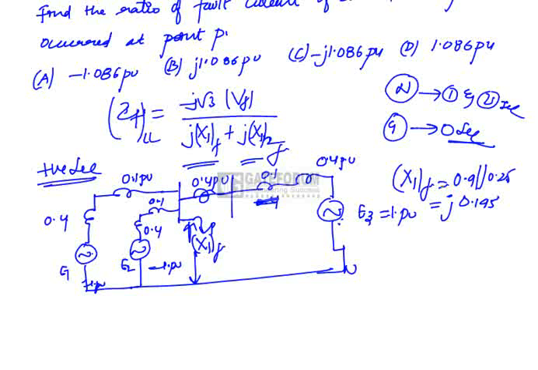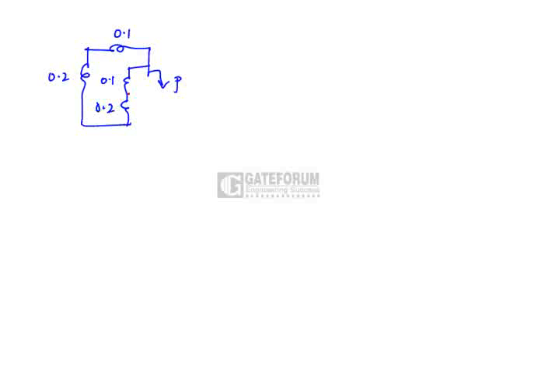Okay, similarly we have to draw negative sequence network. Since negative reactance diagram is also drawn between phase and neutral, but you don't have any sources in negative sequence diagram. This is fault point P. This is transformer reactance negative sequence is 0.1. Generator negative sequence is given as 0.2. Similarly, transformer 2 negative sequence is 0.1 per unit, generator 2 negative sequence is 0.2 per unit.